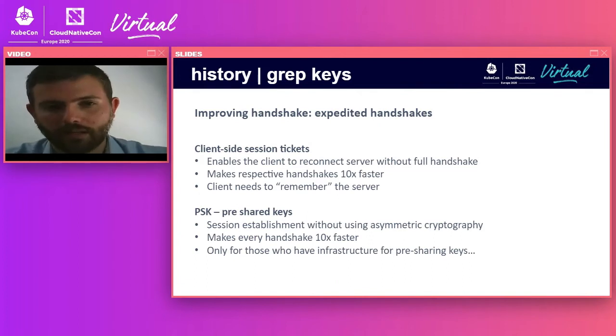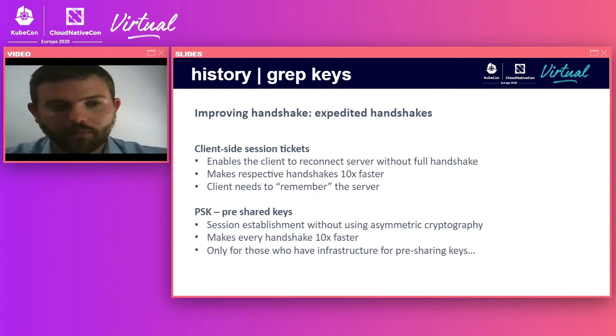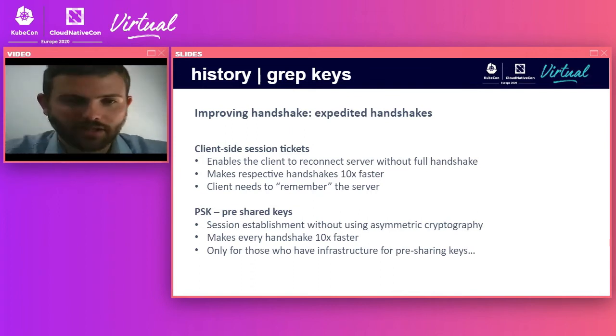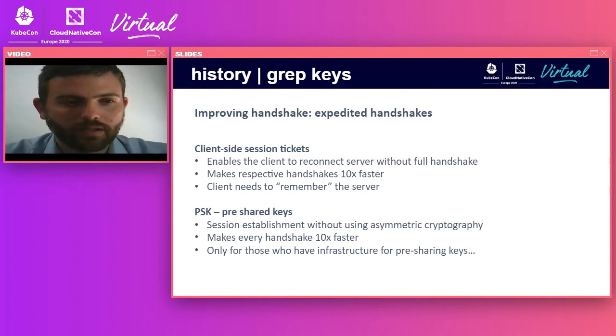What can improve your handshake is what we call the world of expedited handshakes. I brought 2 examples here. One is the client-side session ticket. It is defined in the TLS RFCs. It enables the client, on opening the TLS session, to request that the server give it a session ticket. The session ticket contains the session key encrypted only for the server itself, so the client cannot look into it.